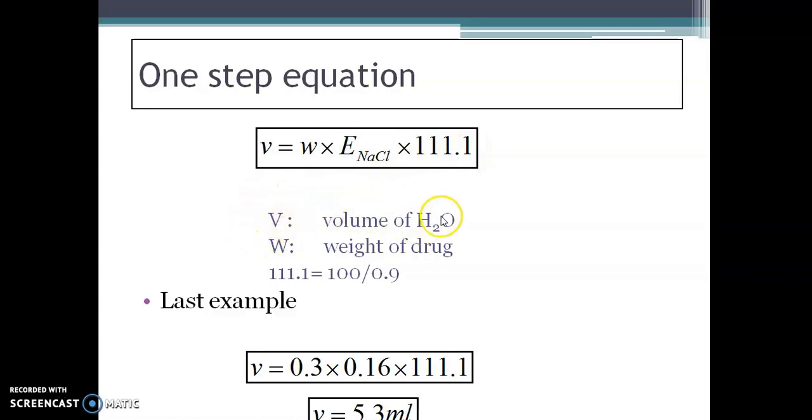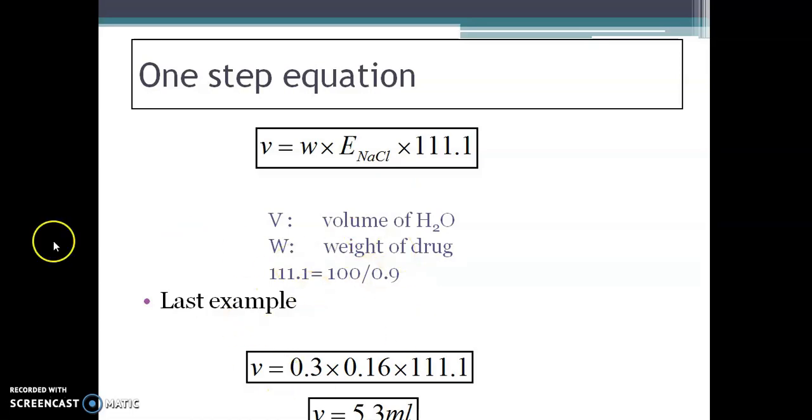Here V is the volume of the water and W is the weight of the drug, and 111.1 equals 100 divided by 0.9, that is the isotonic solution.